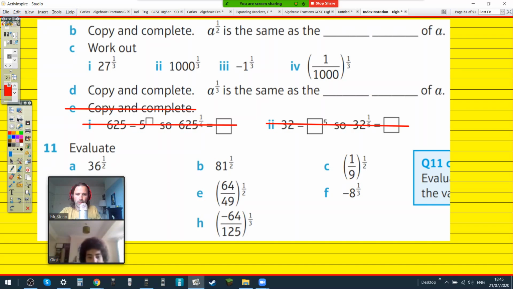Let's see. I'm happy with what we did. What'll be the very last one? H. That'll be the cube root of minus 64 over 125. Should be minus 8 over 5.